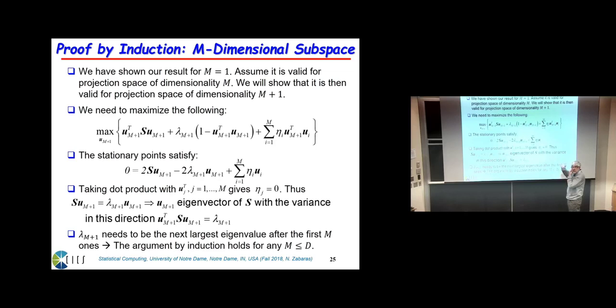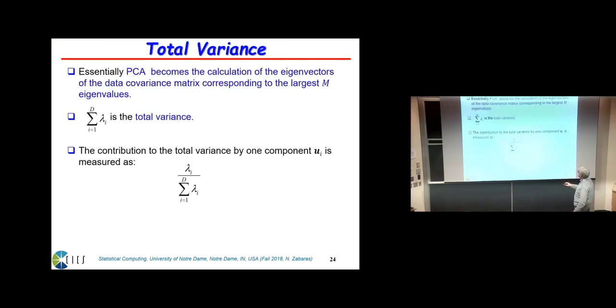In this case, let's say u1. So, not surprisingly, if you do the calculations, it comes out that u m plus 1 is the next eigenvector corresponding to the next eigenvalue in order of magnitude. So you can actually complete this recursively.